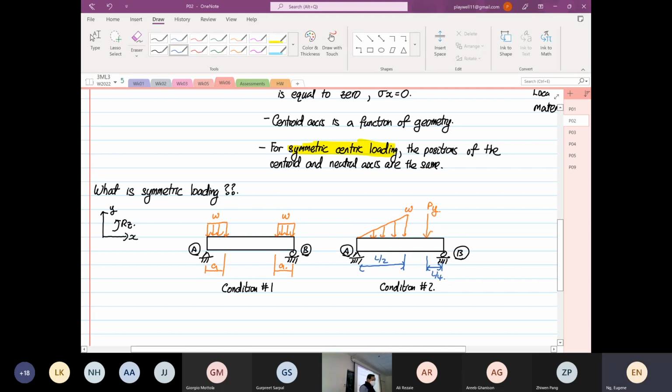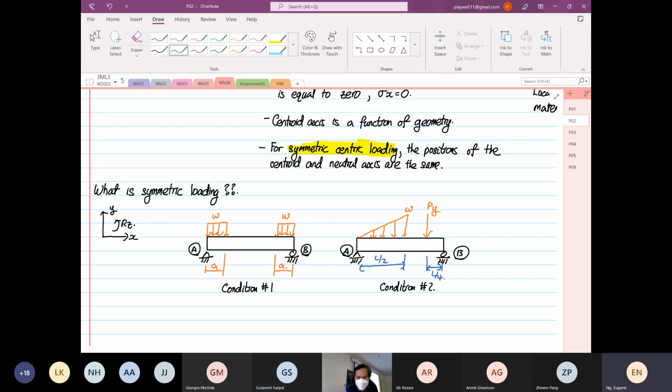Can anyone tell me which one is symmetric loading? The left-hand side, condition number 1, or condition number 2? Anyone online? Both are symmetrical. If we divide the distributed load into a single load, it would also apply at L over 4 on the other side, isn't it?